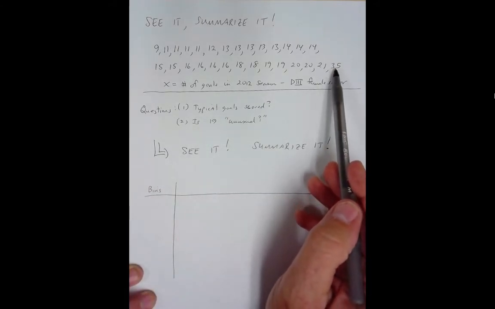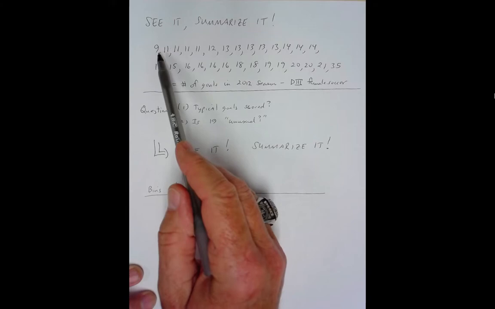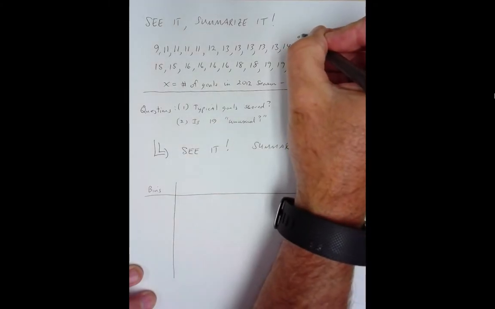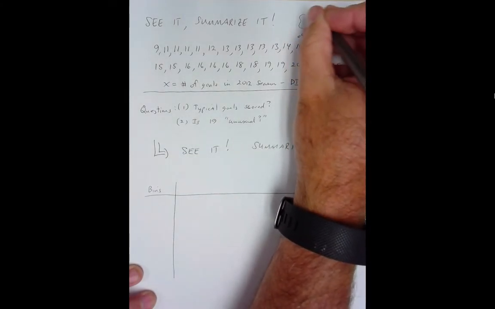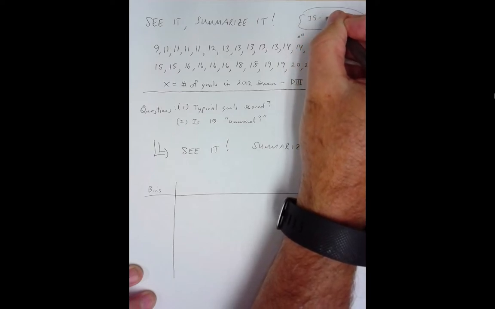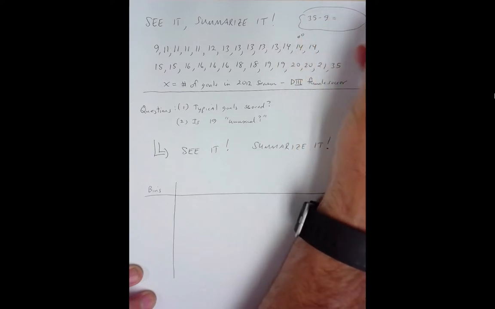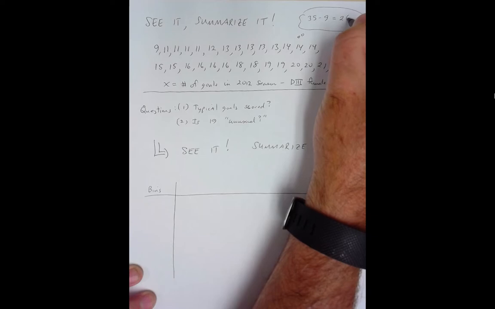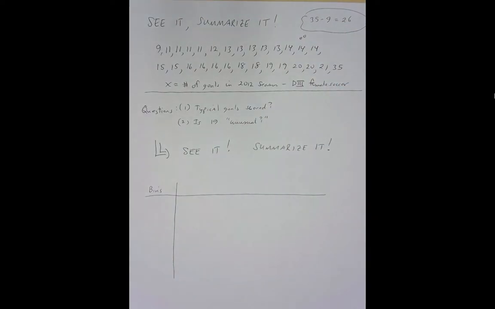I can see that my data range from 35 to 9. I've got this difference from 35 to 9, which if my mental arithmetic is correct, is about 26.